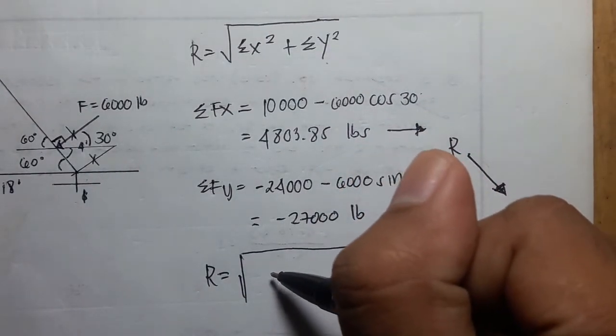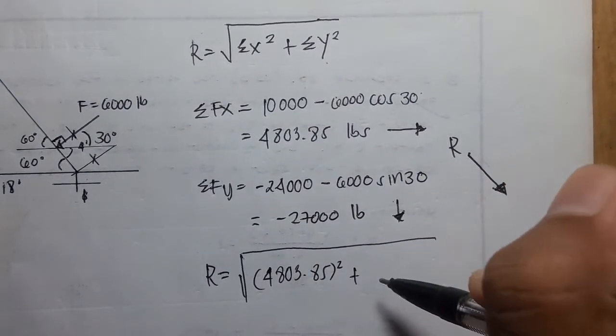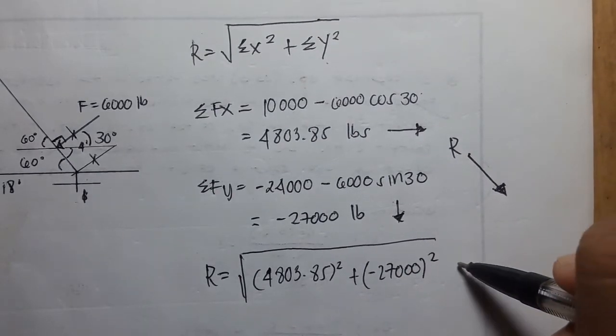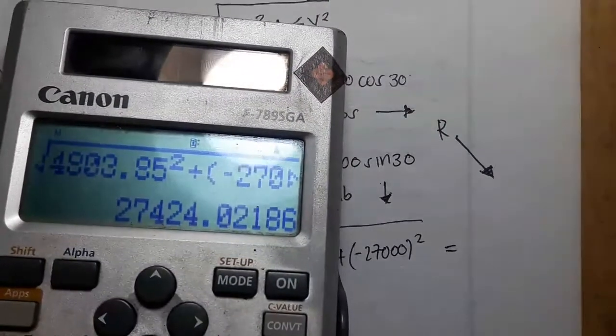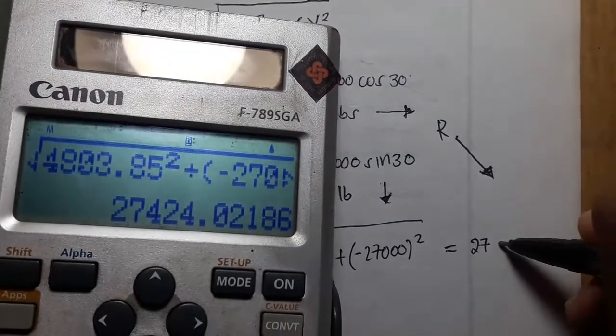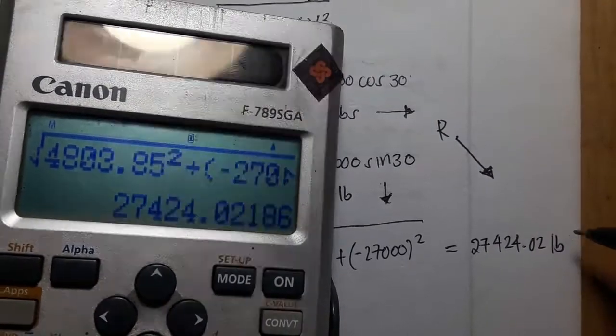The resultant is equal to the square root of 4803.85 squared plus negative 27,000 squared, which equals 27,424.02 pounds.